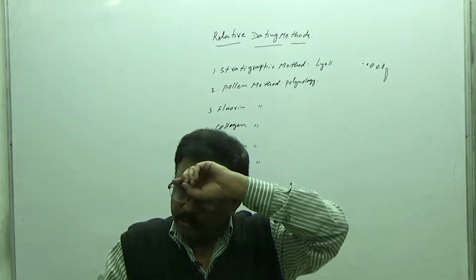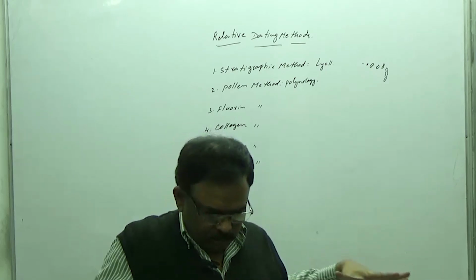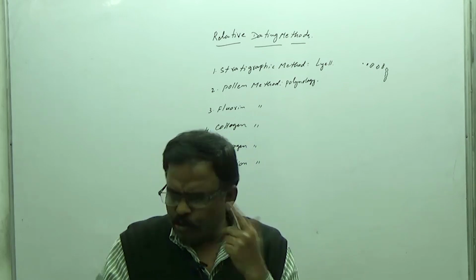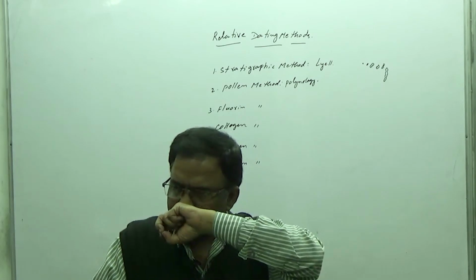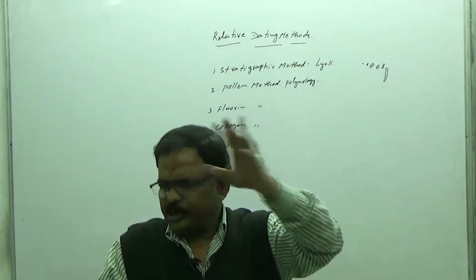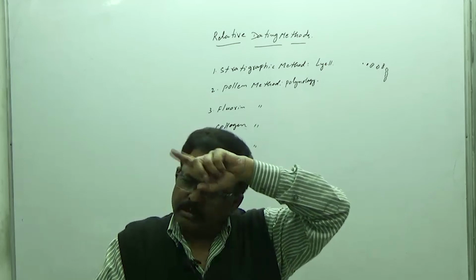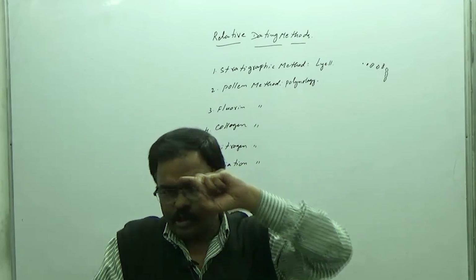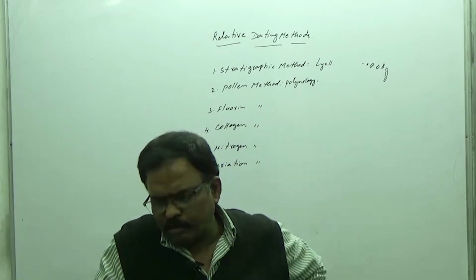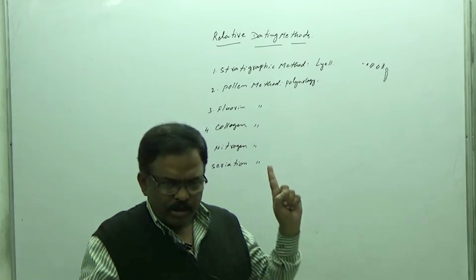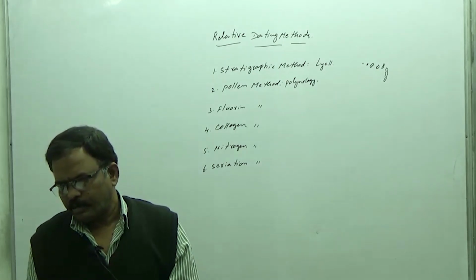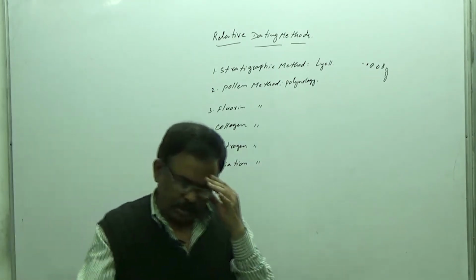It is safely stored. So the dead body is available, and to which period it belongs, we don't know, but pollen grains are there. If we send it to the botanical lab, botanists trace it. So this plant survived at the time of the Miocene. Oh, this fossil belongs to the Miocene. That's why they are known as relative.